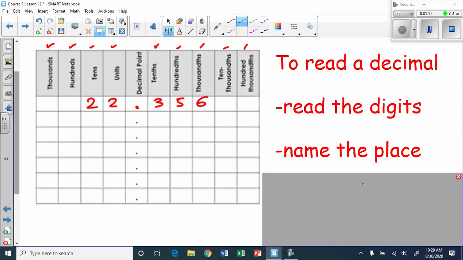So this number would be 22 and, we say "and" for the decimal point. So, 22 and 356, read the decimal place. 356 ends in the thousandths, 356 thousandths.